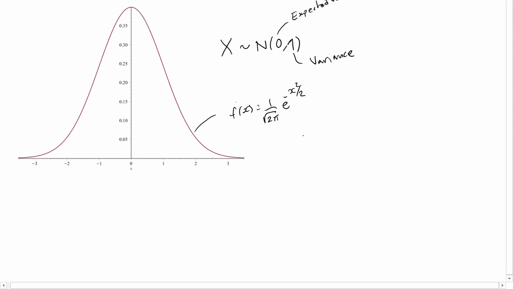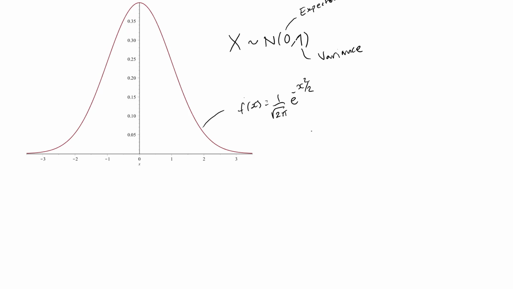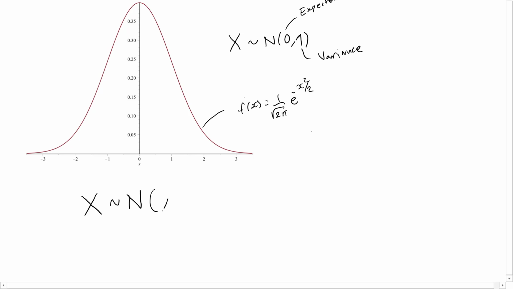So the standard normal is actually just one distribution in a family. The family of distributions is denoted by X follows a normal distribution. We use a parameter mu to represent the expected value, and we use the parameter sigma squared to denote the variance.